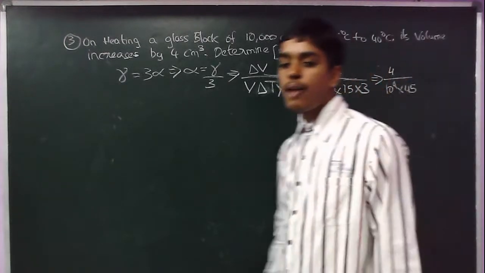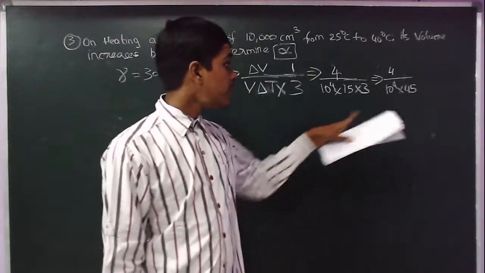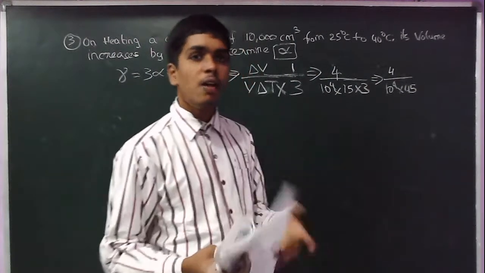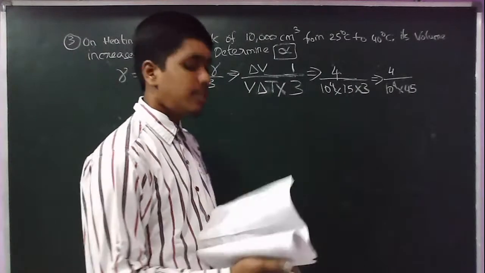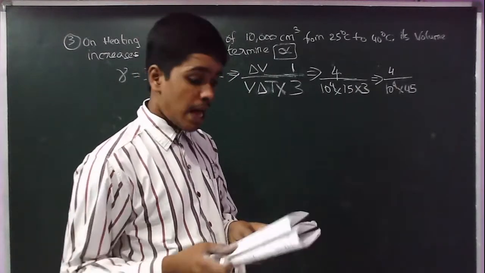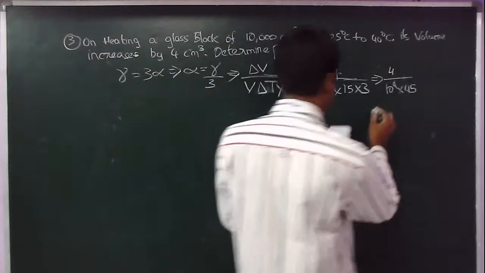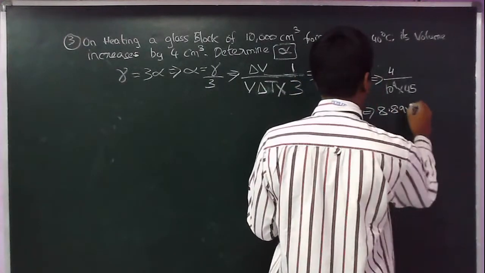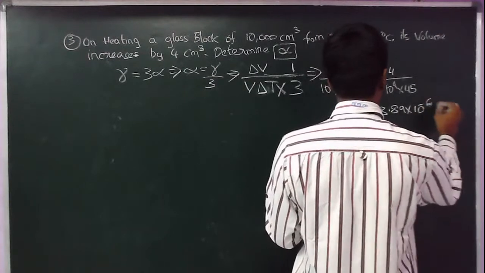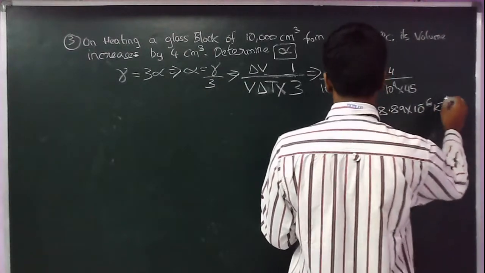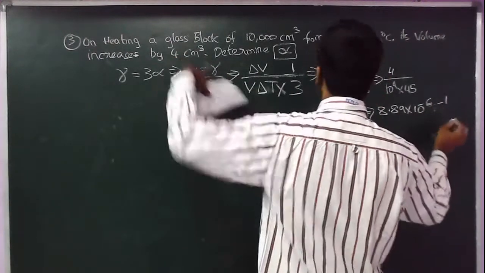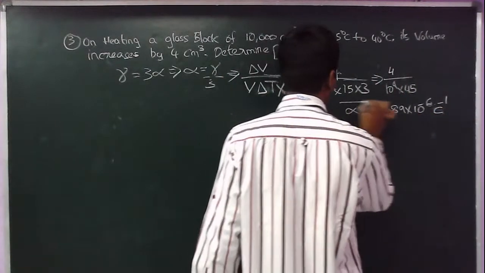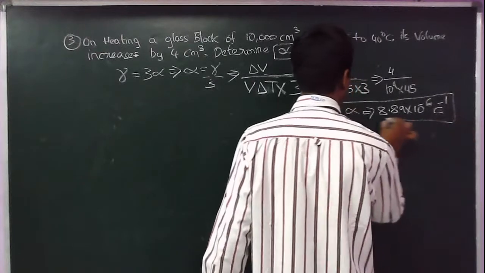This is the answer. If you solve this, I think you have done. The answer is 8.89 into 10 to the power of minus 6 Kelvin to the power of minus 1, or we are given Celsius, so we are going to write Celsius. So it is alpha.